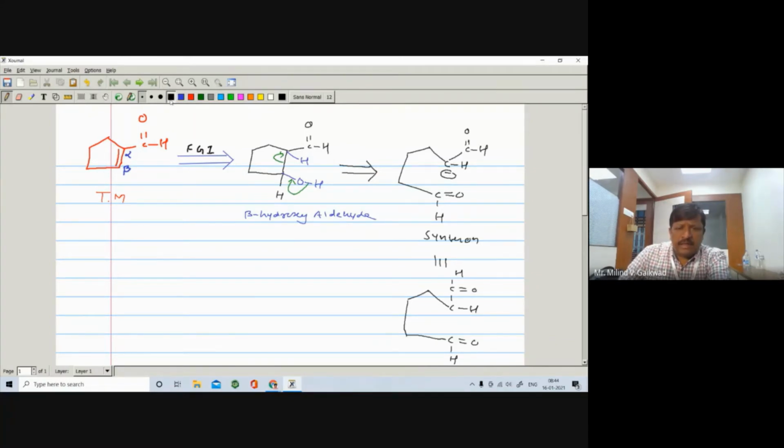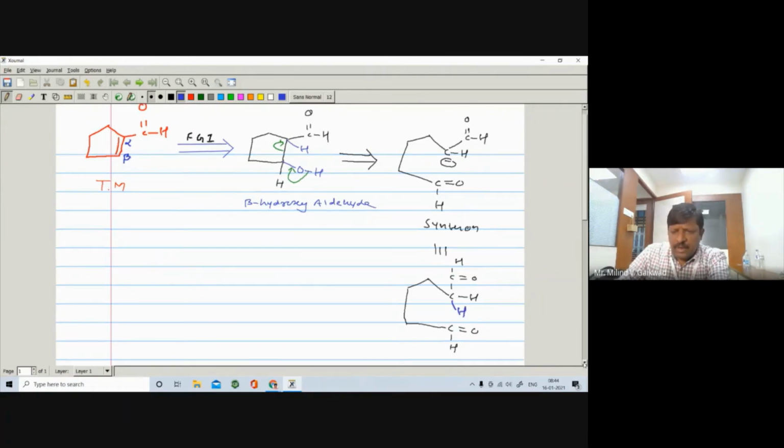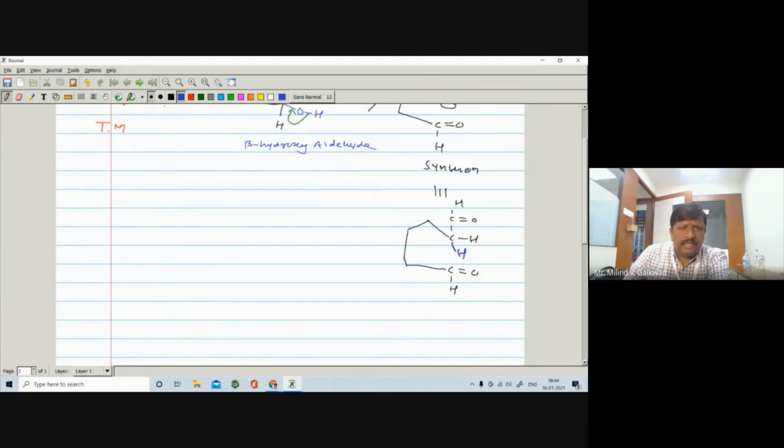And here we have to write the H. This is your synthetic equivalent.